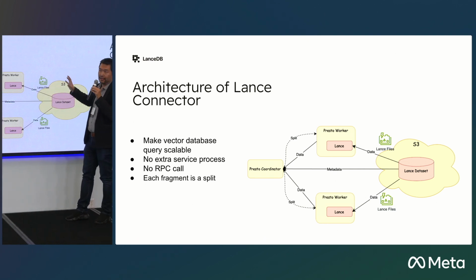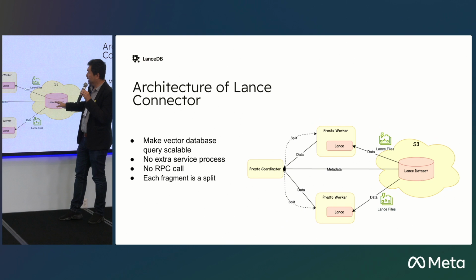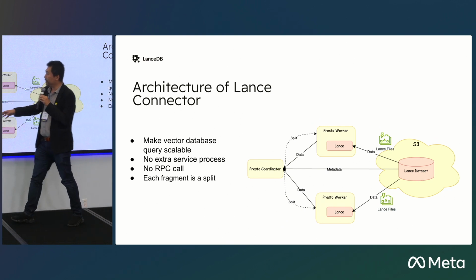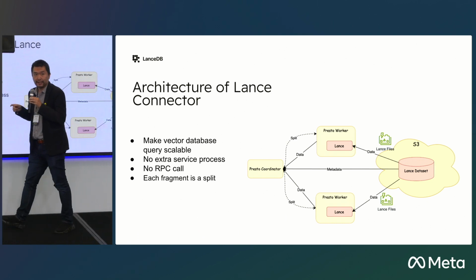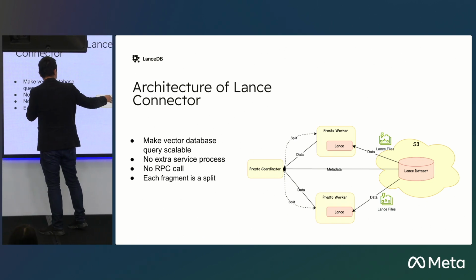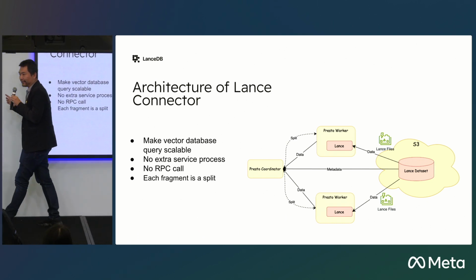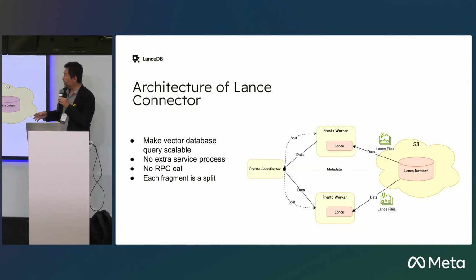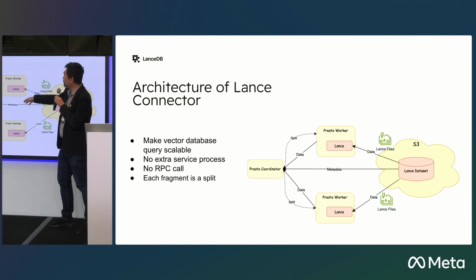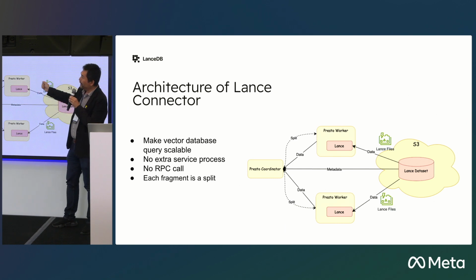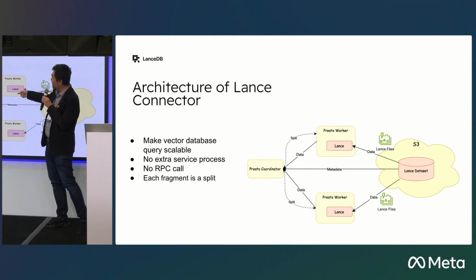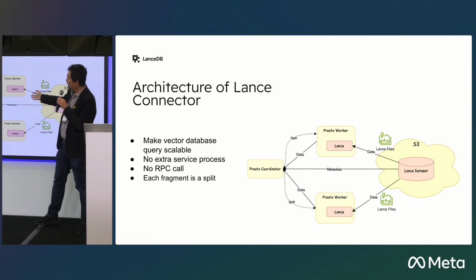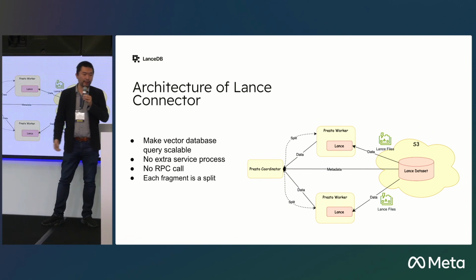It's just a set of Lance files, and you can get the metadata of the Lance dataset, and then the Presto coordinator can split the task based on the fragments. I will talk about this later. It will generate the splits, and each split is sent to a worker. Based on your query, the worker will parse the Lance data, do some filtering, projection, whatever, and return the data to the Presto coordinator.